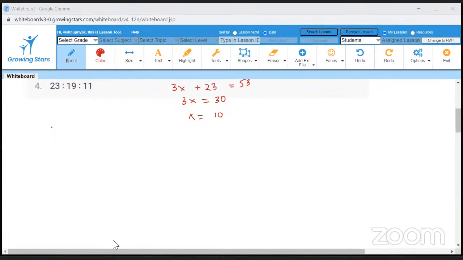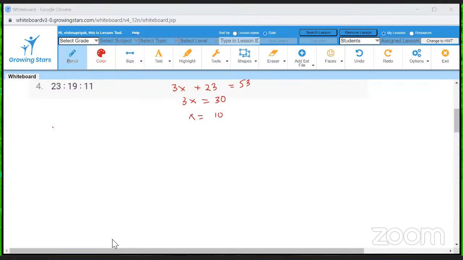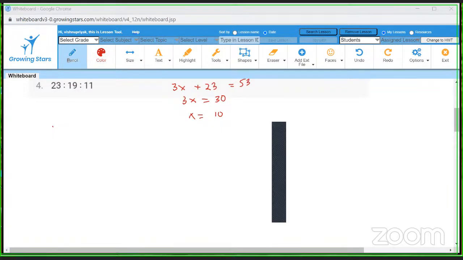Let me give you one more difficult one. Before we leave, you can try this. Take it as homework.